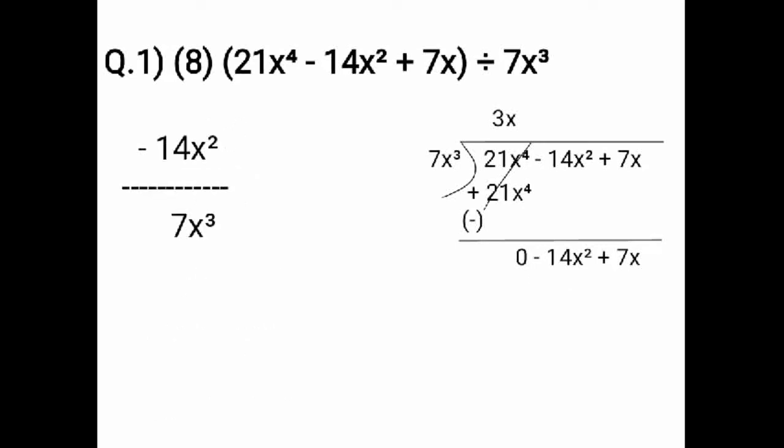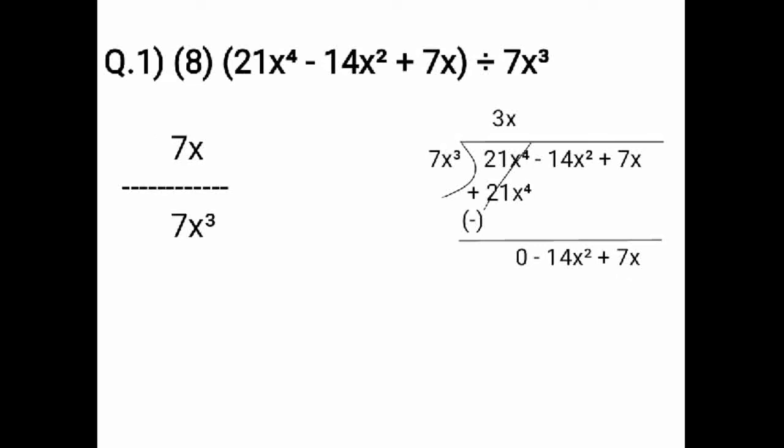Because minus 14x square upon 7x cube, on denominator 7x cube, 3 is the greatest index or greatest degree of polynomial, and on numerator minus 14x square, 2 is the smallest index or smallest degree of polynomial. You can't divide the smallest degree of polynomial by greatest degree of polynomial. This is the reason. Even plus 7x also.